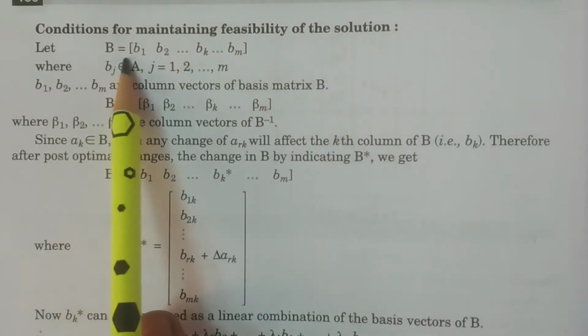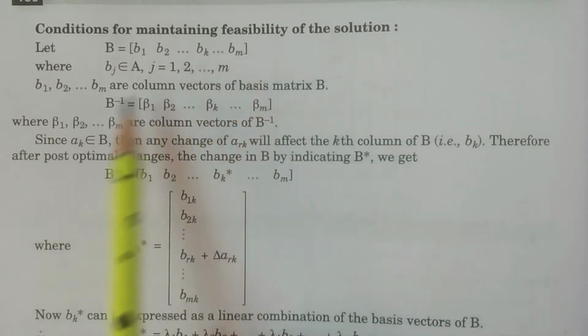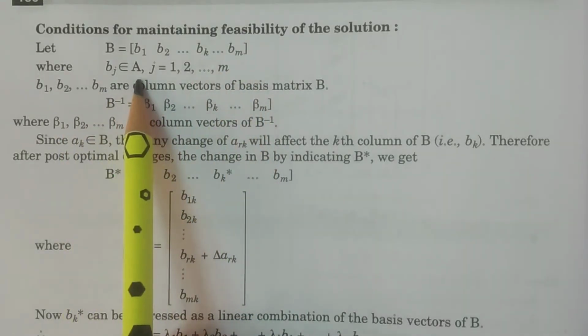Let us consider B is equal to B1, B2, and so on Bm, where Bj belongs to A. A is the coefficient matrix.